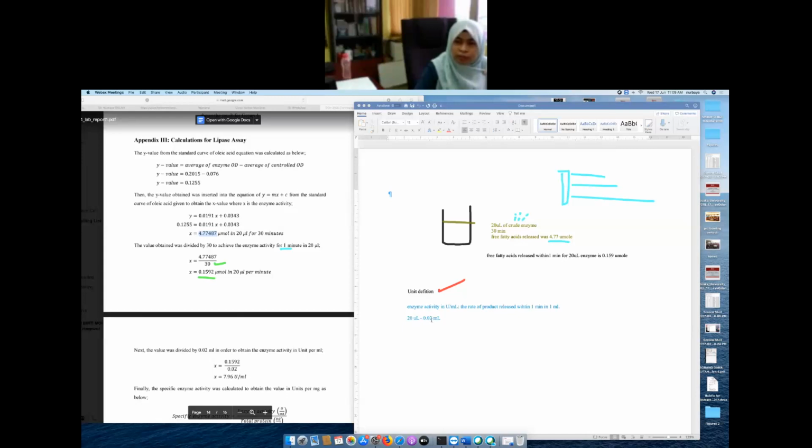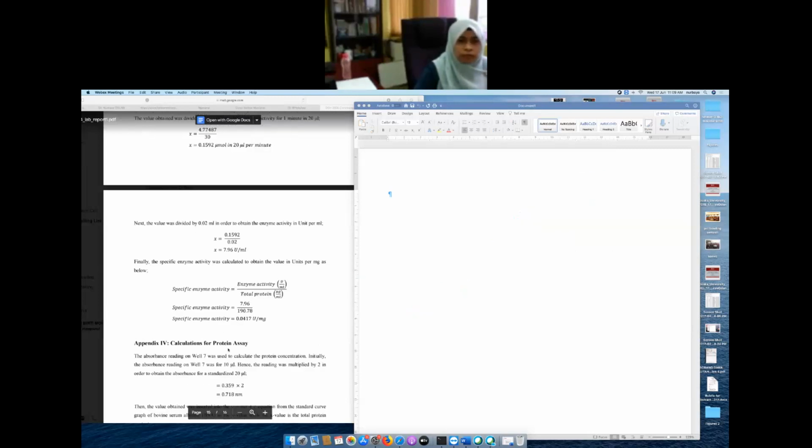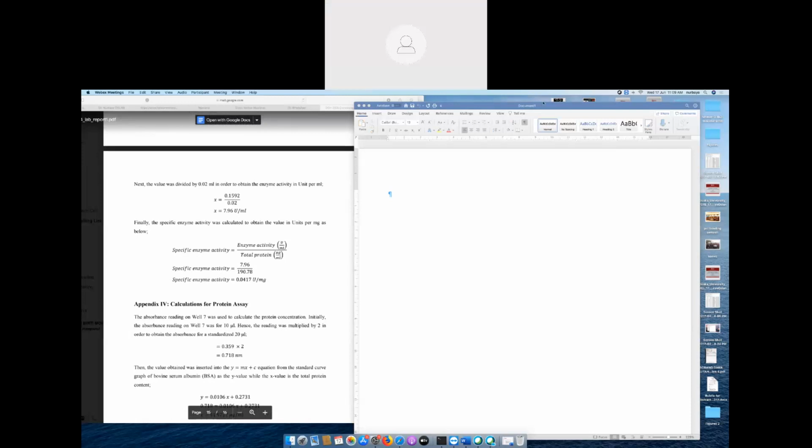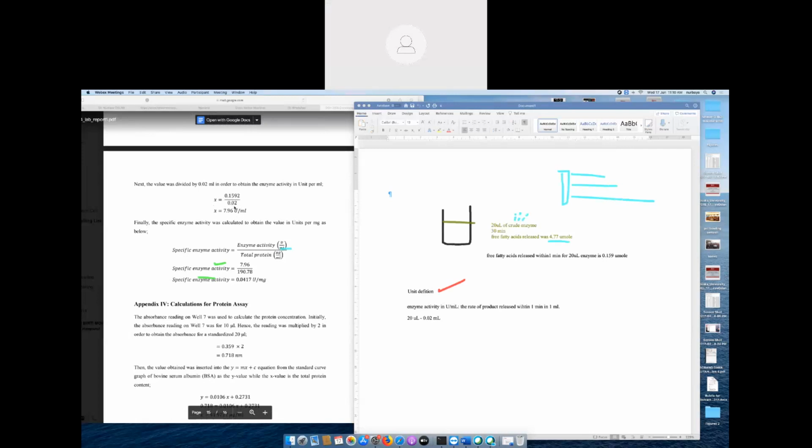In order to know for 1 mL, we need to divide by the volume of the sample. So the volume of the sample is 20 microliter, which is equivalent to 0.02 mL.